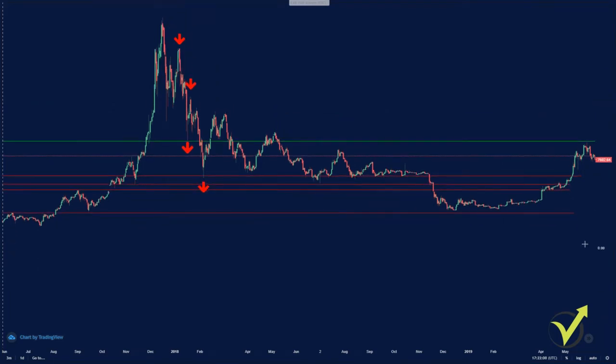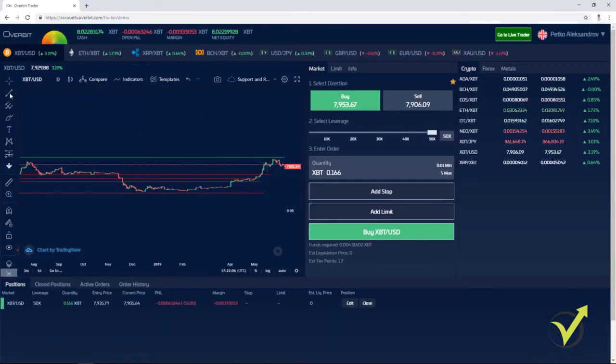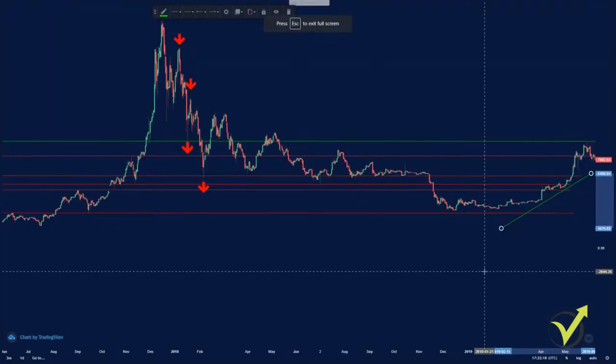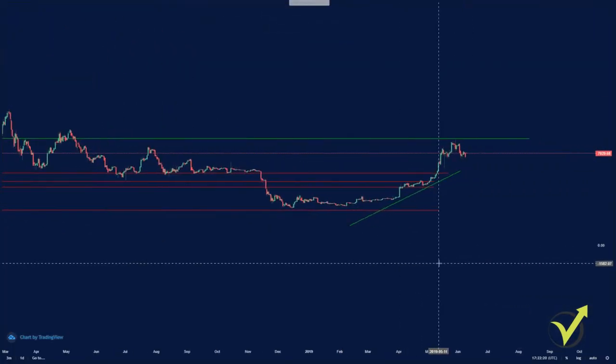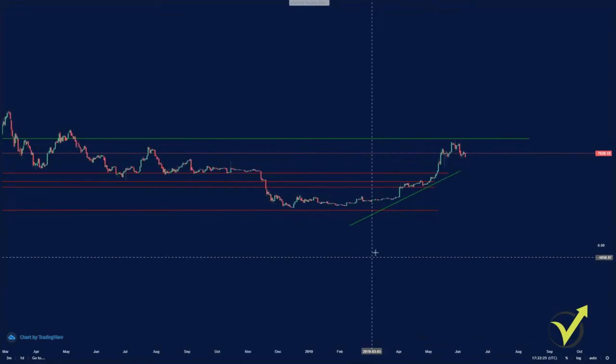Okay, for a trend line I will take a drawing line from the right over here, put it over the chart, and show you some examples of how we draw the trend line. I will go again to full screen and zoom in a little bit more to the current moment.